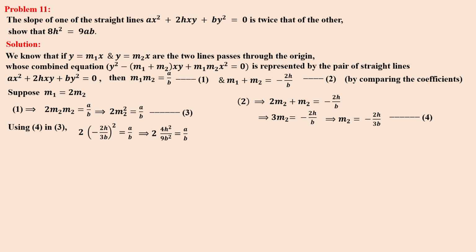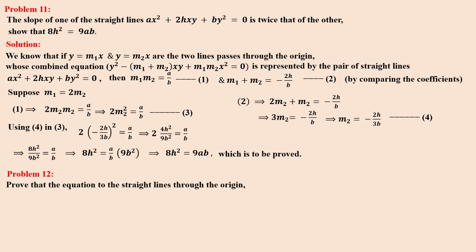Squaring numerator and denominator, 2 into 4h²/9b² equals a/b. So 8h²/9b² = a/b. The b and b² get cancelled, so you will get 8h² = 9ab, which is to be proved.